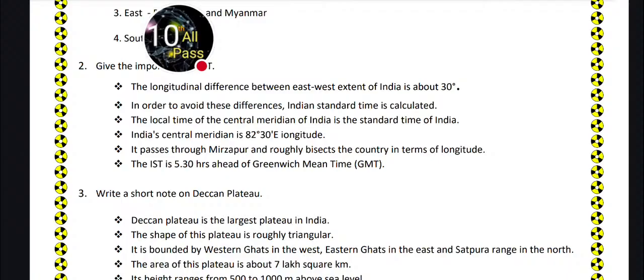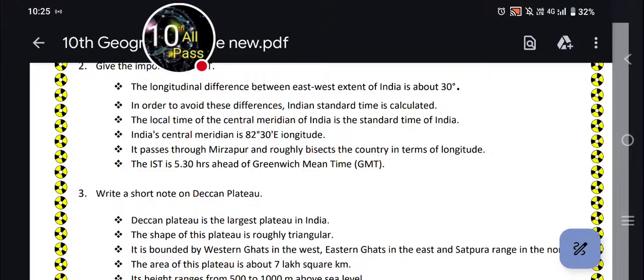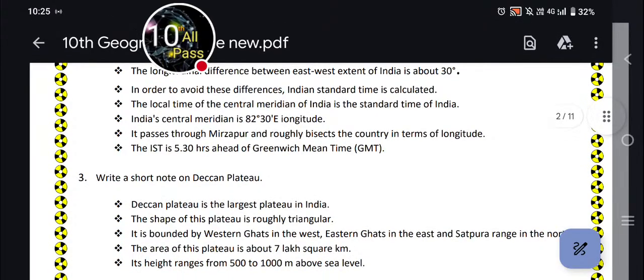India's central meridian is 82 degrees 30 minutes in longitude. It passes through Mirzapur and roughly bisects the country in terms of longitude. The IST is 5 hours 30 minutes ahead of Greenwich Mean Time.